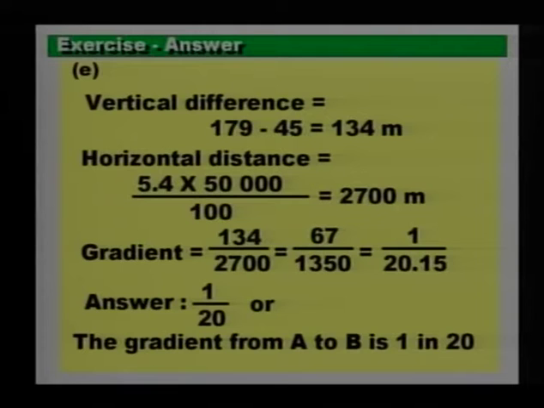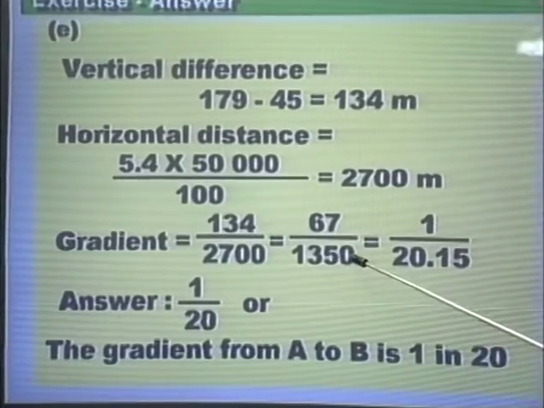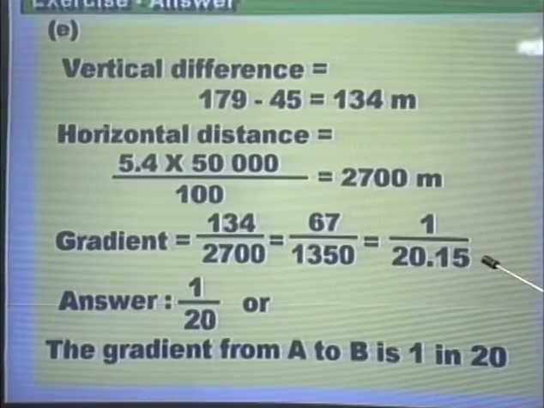To calculate our gradient now, we have the vertical difference, 134 over 2,700 meters. We simplify to 67 over 1,350. We cannot simplify further, therefore we divide the numerator into itself to give us 1, and the numerator into the denominator to give us 20.15.